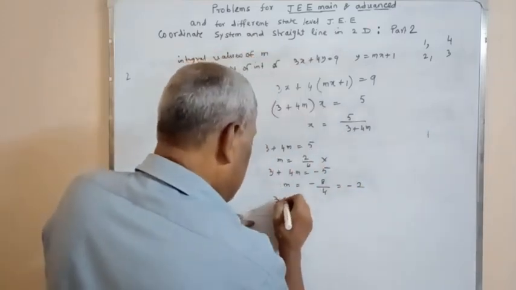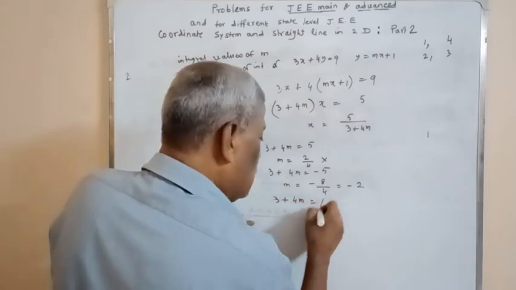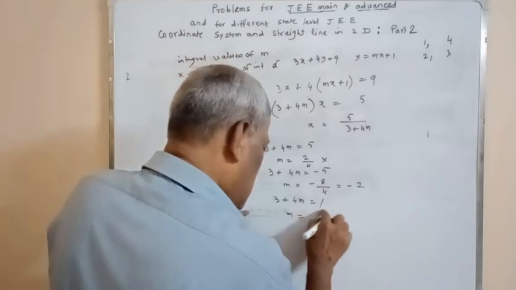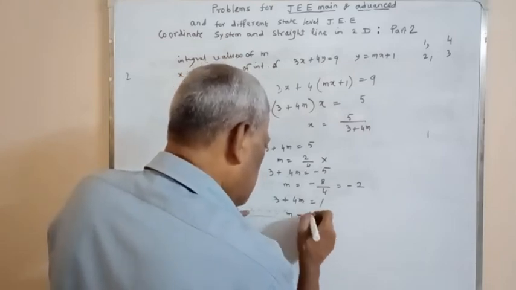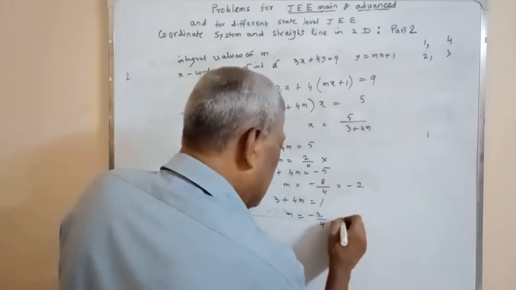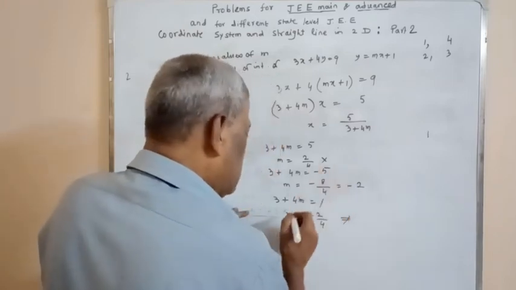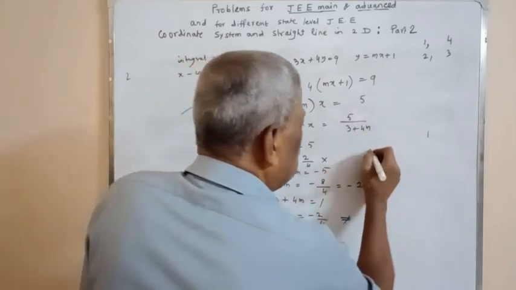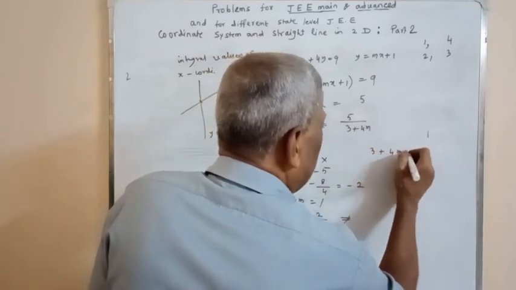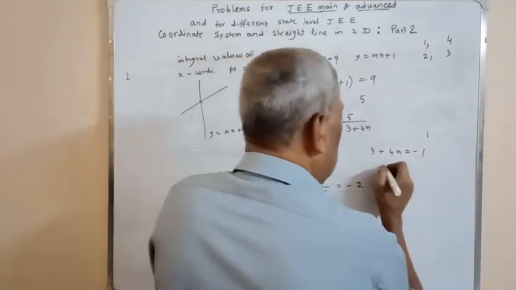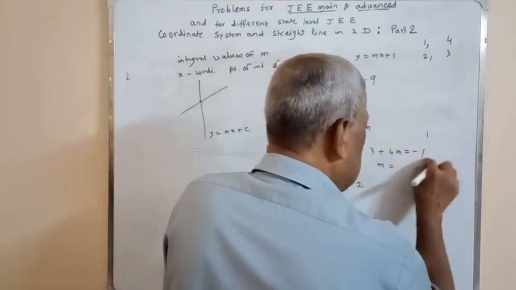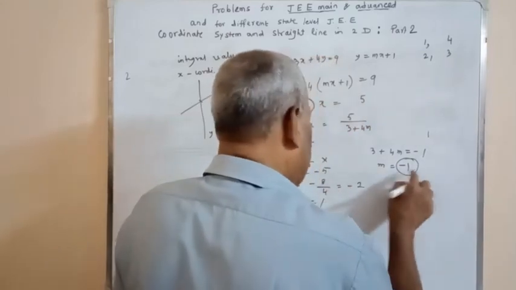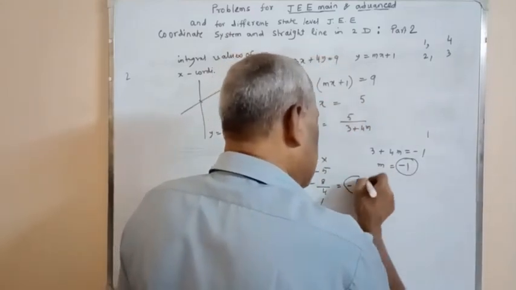Now take 3 plus 4m is equal to 1. In that case, m is equal to minus 2 by 4, not an integer. So it is not possible. Last of all, take this equal to minus 1. So 3 plus 4m is equal to minus 1. So m is equal to minus 4 by 4, which is minus 1. It is an integer. In this case also this is an integer.